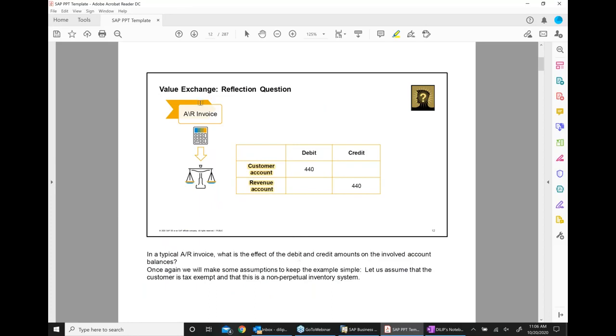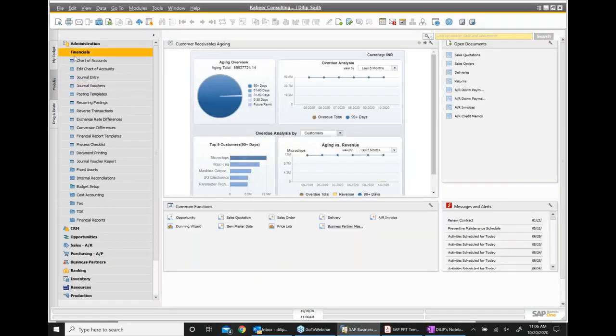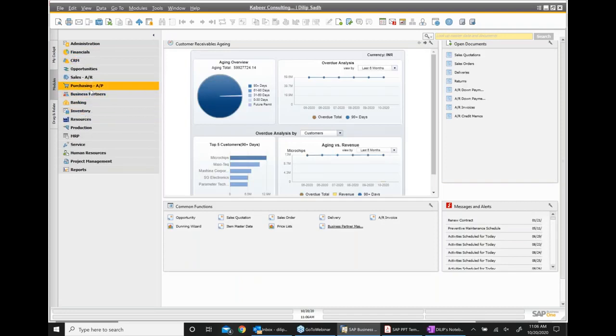Now we saw that at the time of invoice, when we do the invoice, my customer gets debited, my revenue gets credited. That was the last activity we did.